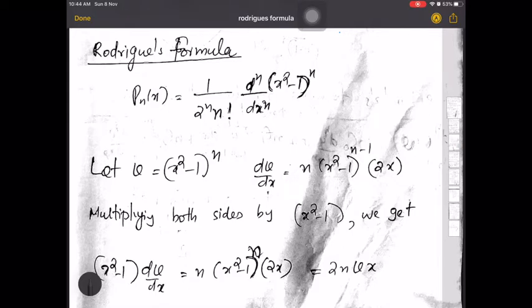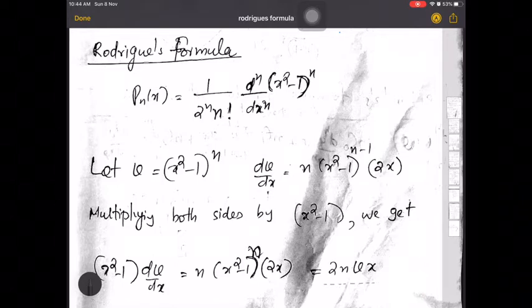Now we multiply both sides by x square minus 1. Then we get x square minus 1 times dv by dx equal to n into (x square minus 1) to the power n minus 1 times (x square minus 1), which gives (x square minus 1) to the power n, times 2x, times n.